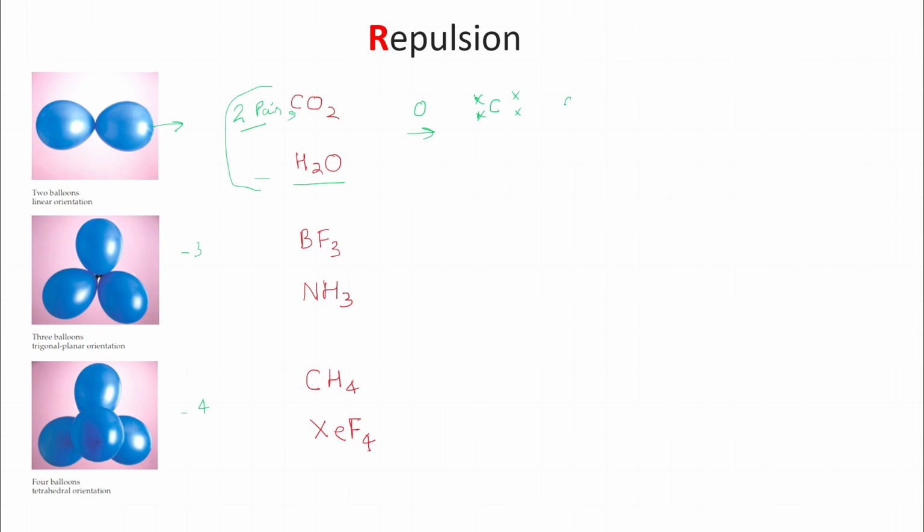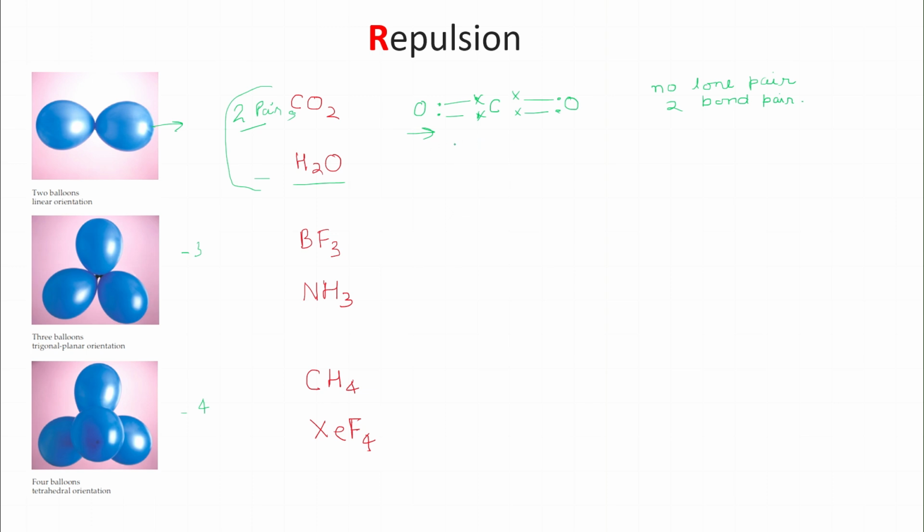and like we said, the octet rule is very important here. We know that oxygen needs not 1 but 2, so it will not be a single bond, it will be a double bond here and here. Now there is no lone pair and 2 bond pairs.